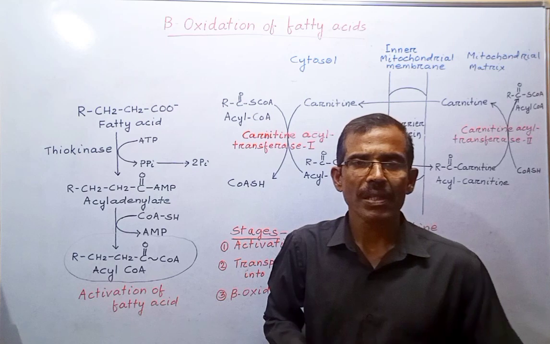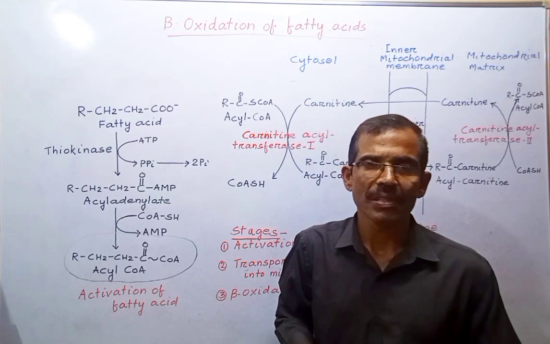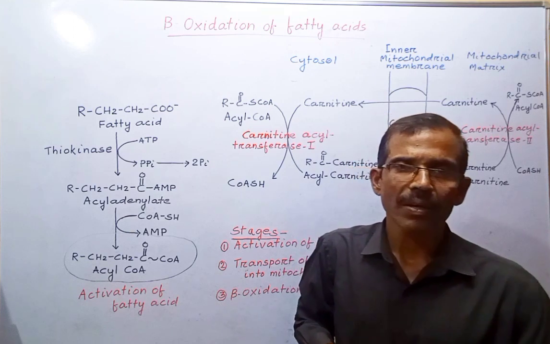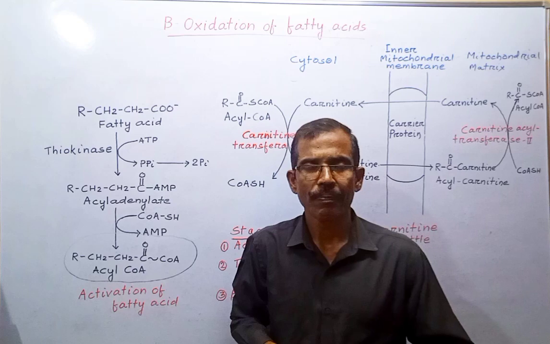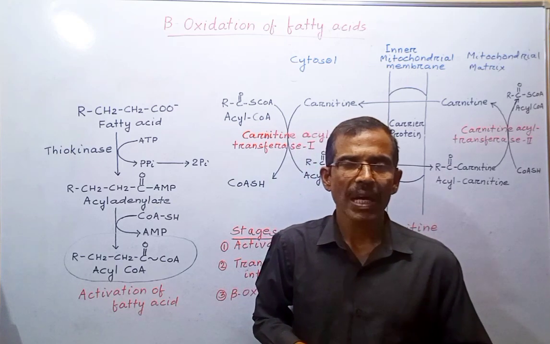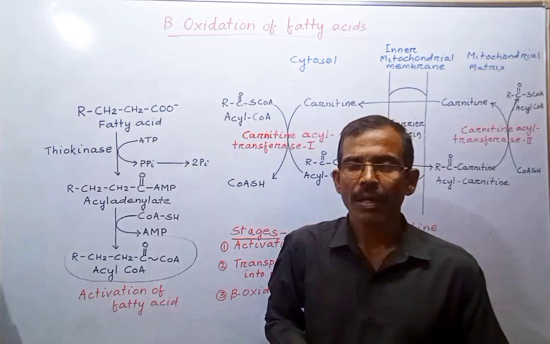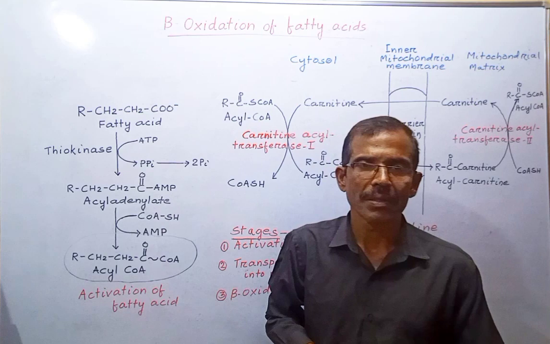Friends, today we shall discuss beta oxidation of fatty acids. Fatty acids are oxidized by most of the tissues in our body. However, brain, erythrocytes and adrenal medulla cannot oxidize fatty acids for energy requirement.